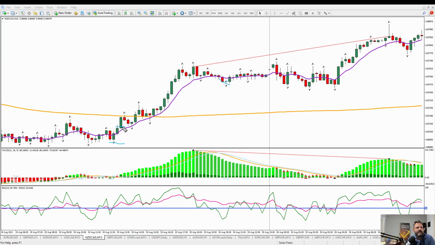If I had my entry here, once I get a new high, that's where these fractals come into play. When it hits a new fractal, you just move your stop below the fractal. So here's a fractal. Now when I get a new fractal here, I move my stop. Now we get another one right here, and then I could tighten my stop again.